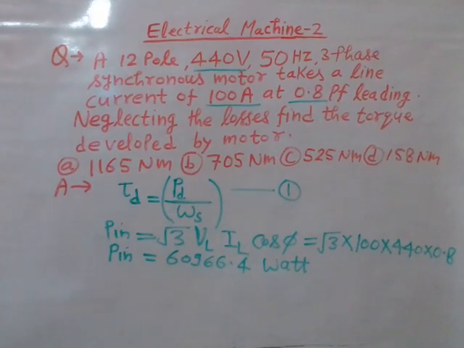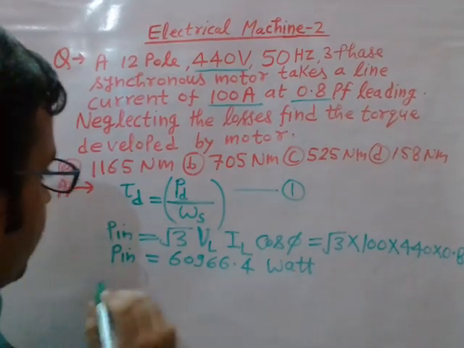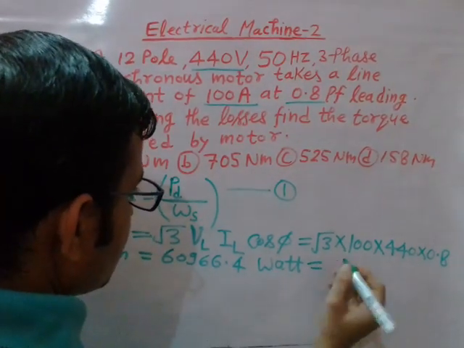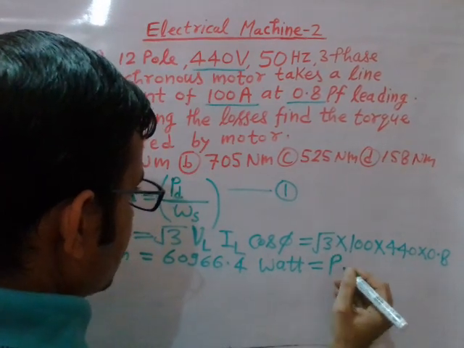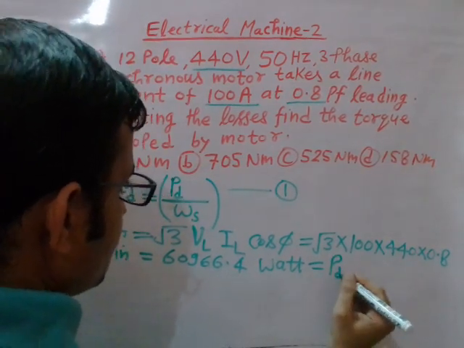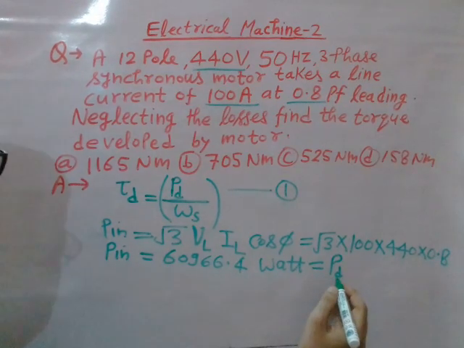So now see here, this P input that you have calculated is nothing but the output developed power, P developed.